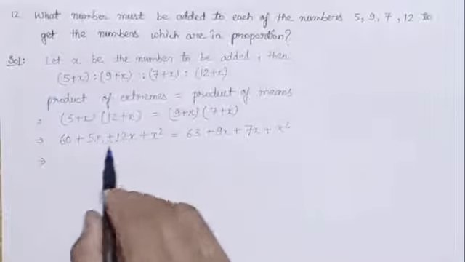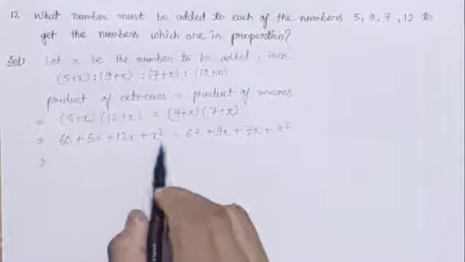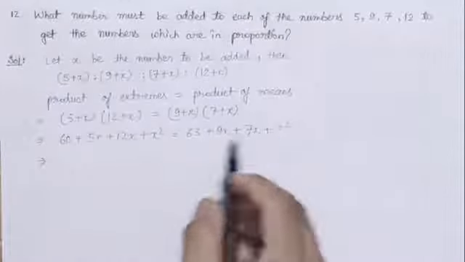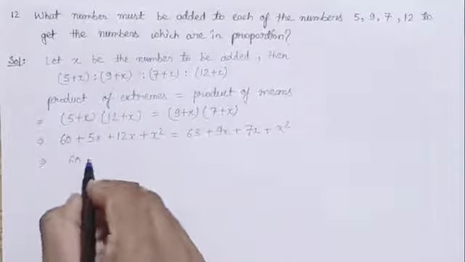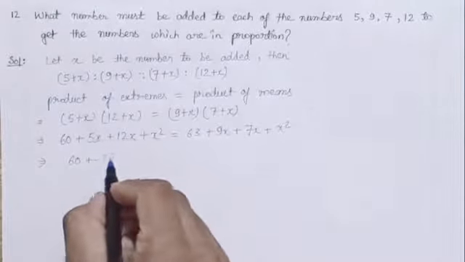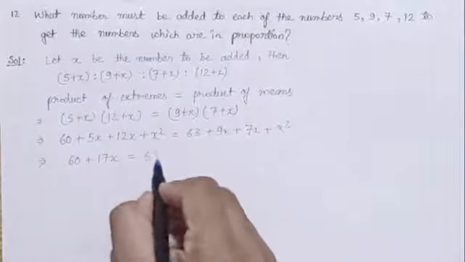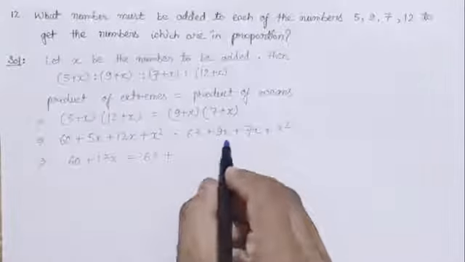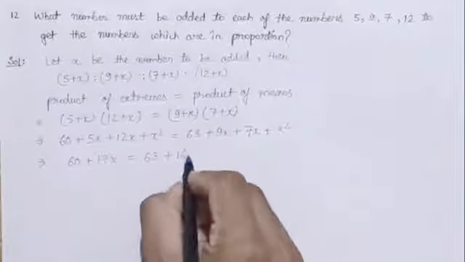Now here you can see on both the right hand side and left hand side we have x square, so both will cancel out. So we have 60 plus 5x and 12x, that is 17x, equals 63 plus 9x plus 7x, that is 16x.